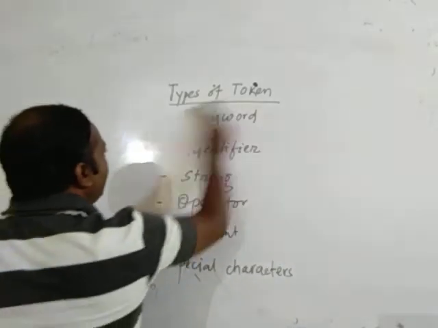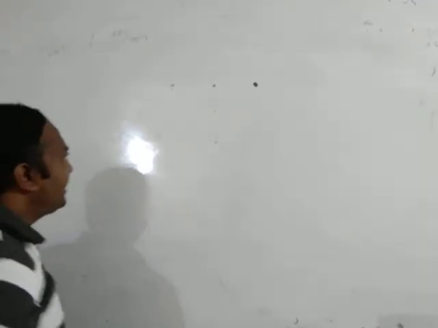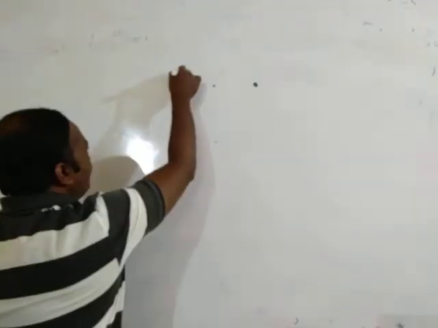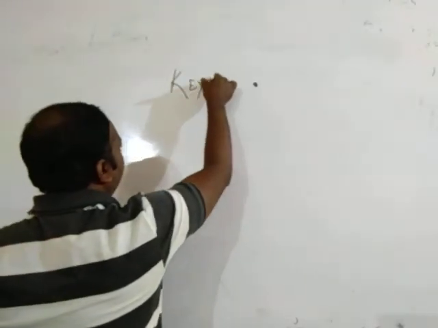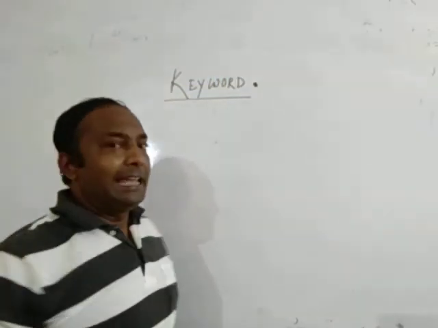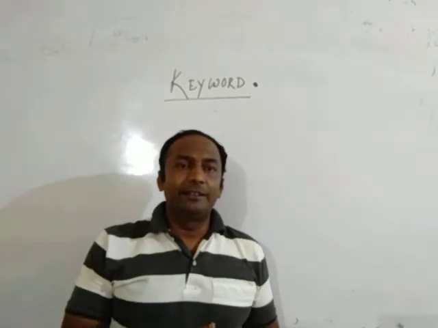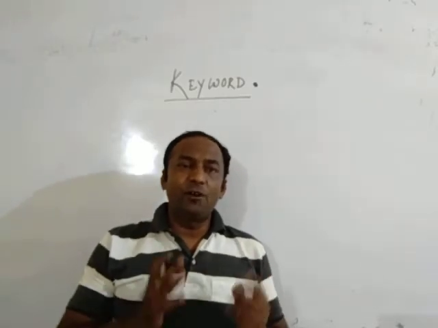The first one is keyword. So what is a keyword? I'll write down this keyword. A keyword is a special predefined or reserved word. Predefined means it is already present.